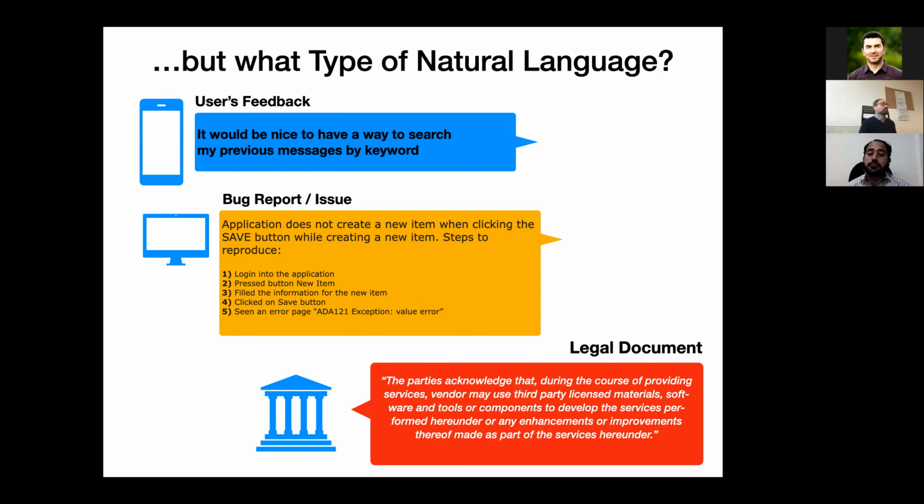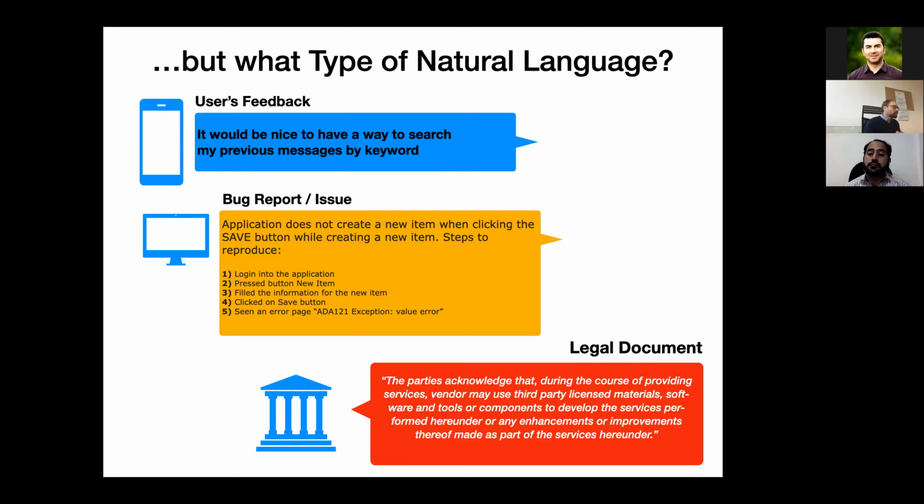The same holds for bug reports and issue tracking systems, so that this content can be useful to requirements engineers. And even legal documents, because we know that our software in many cases needs to abide by certain rules, certain legal constraints. And so legal constraints become requirements for our software.